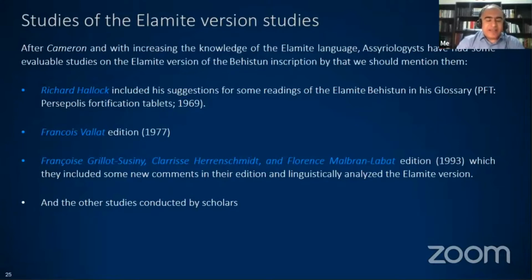However, as their research basically relied on previous editions and they hadn't had access to accurate copies, many of their interpretations don't match the inscription's engraving, and many ambiguities have remained in their works. I'm sure some other invaluable research has been conducted on the Elamite Behistun by scholars, but unfortunately, I haven't had access to them.